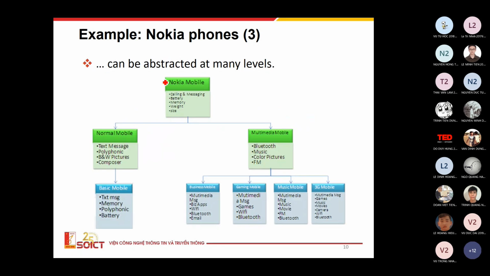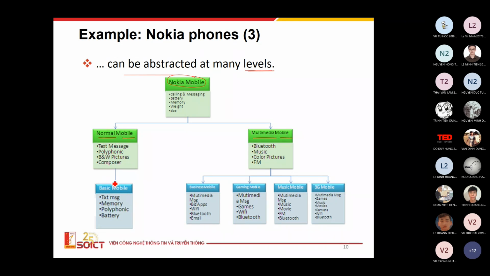And of course, you can describe the thing with a hierarchical structure, for example. You can describe it at many levels. You have the higher level, for example, Nokia mobile, and under it you have normal mobile or multimedia mobile.